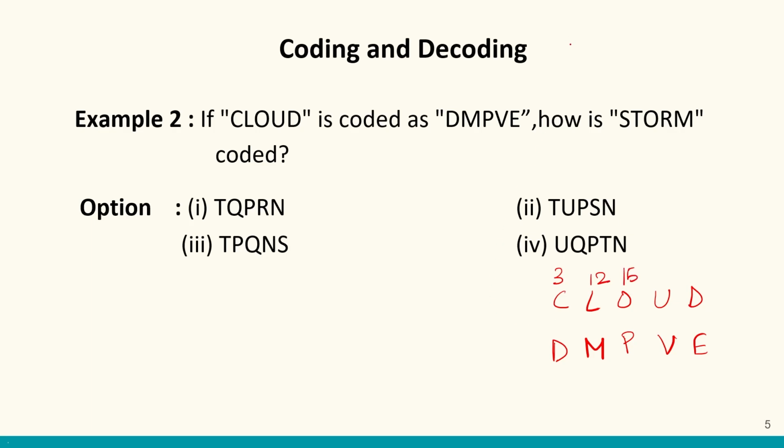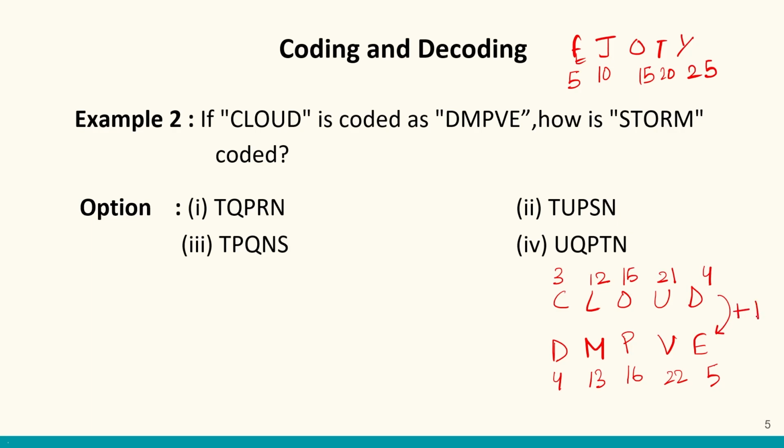If you remember, I told you a shortcut, EJOTY, to remember forward ranks, where E denotes 5, 10, 15, 20, and 25. So U denotes 21 and D denotes 4. Similarly, I can see 4 here. M is denoted by 13, P by 16, V by 22, and E by 5. So clearly there is an increment of 1 position from the original letter.